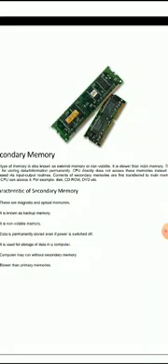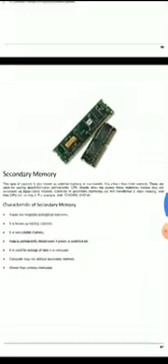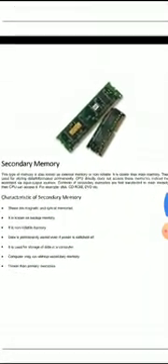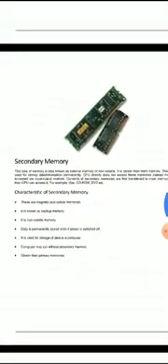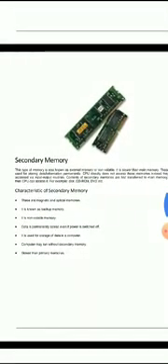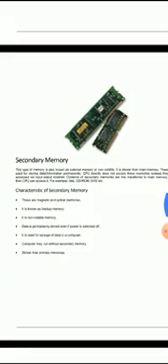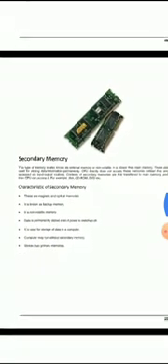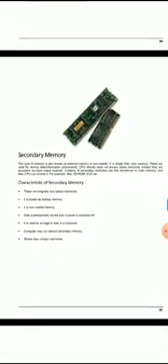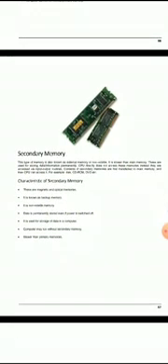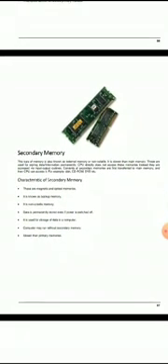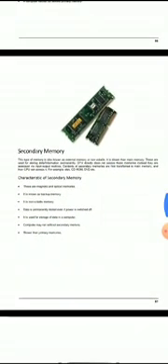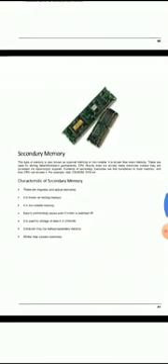So we know that there are three kinds of memory: cache memory, main memory or primary memory, and then permanent memory or secondary memory. If we try to understand with our example, then number 1, that is cache memory, is our attendance register that we use every day.